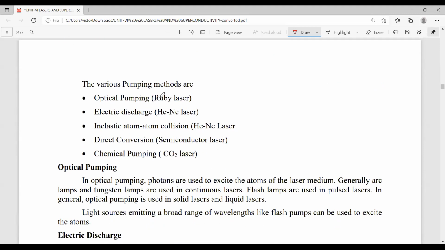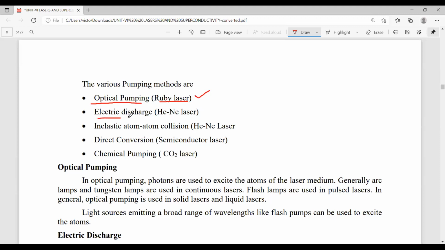We have various pumping methods: optical pumping method, electric discharge pumping method, inelastic atom collision pumping method, direct conversion pumping method, and chemical pumping method. The optical pumping method is used in the ruby laser.